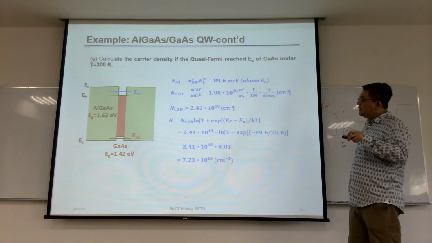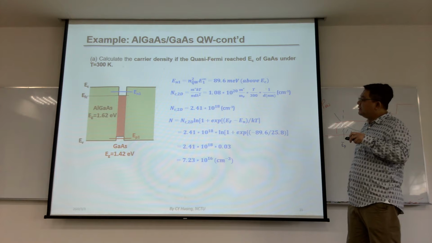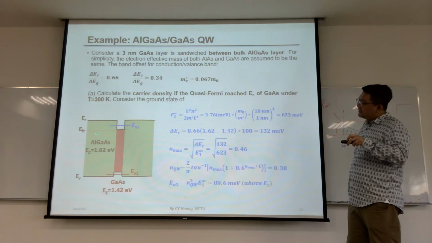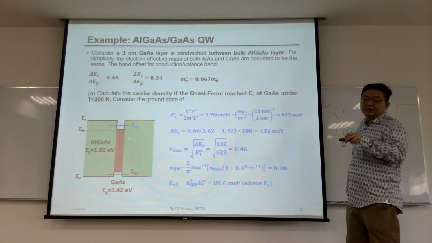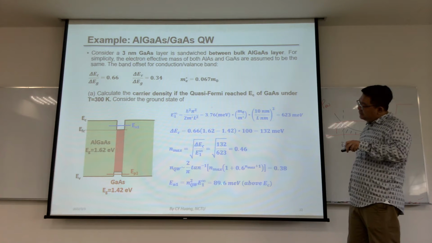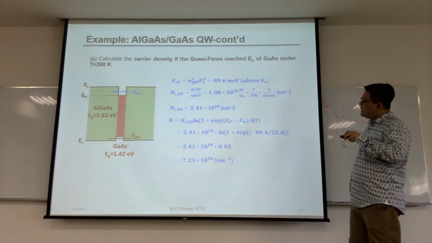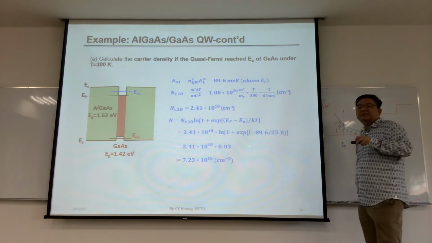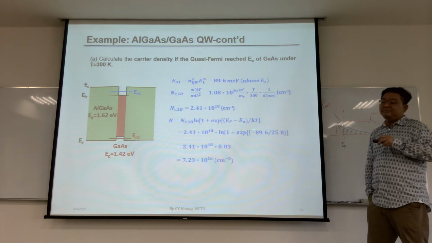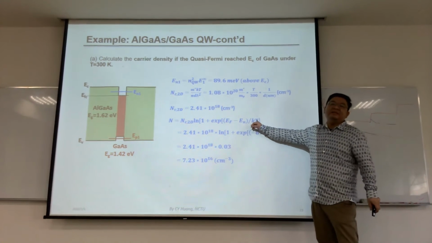Okay, so we have NC2D, and we also have the position of the EF relative to EN. Because the EF is at the position of EC, and the EN1 is 89.6 millivolts above it, the EF minus the EN is minus 89.6 meV.